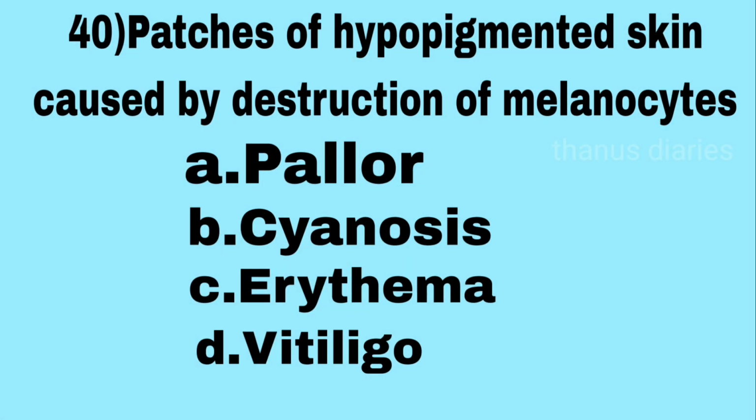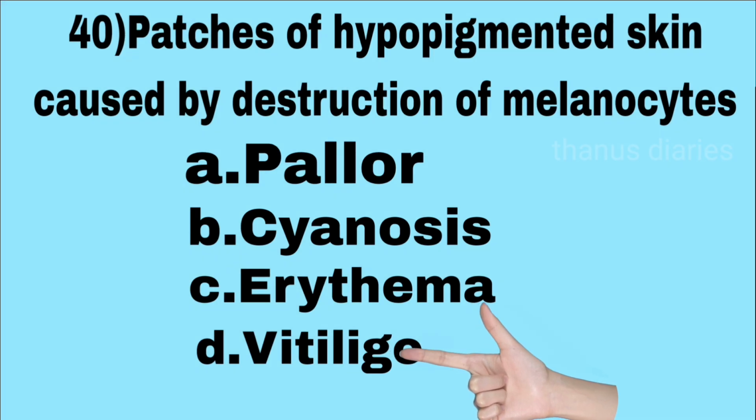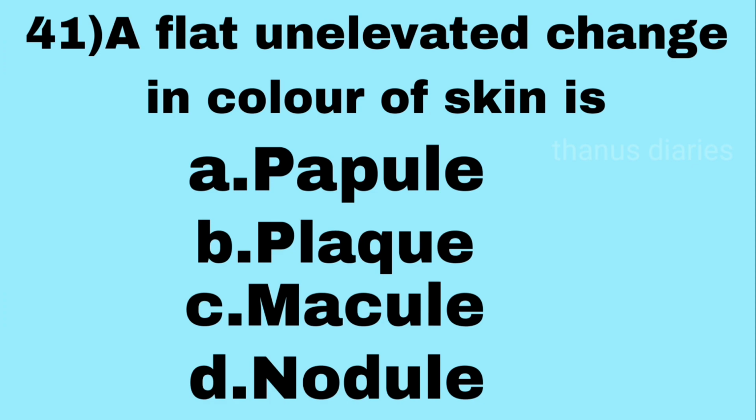Patches of hypopigmented skin caused by destruction of melanocytes: pallor, cyanosis, erythema, vitiligo. The answer is vitiligo.